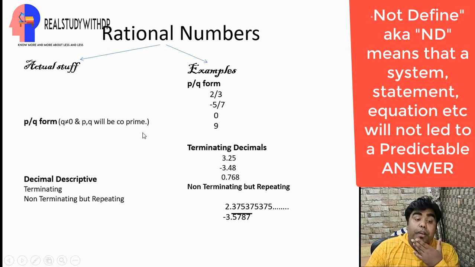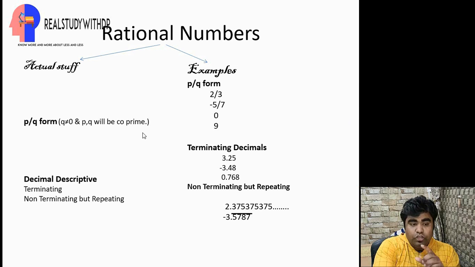As far as coprime is concerned, I have written over here that P and Q will be coprime. That means P and Q will have only the number 1 as a common factor. Say, for instance, I have taken an example, 2 over 3. 2 has prime factors 2 and 1, and 3 has prime factors 1 and 3.